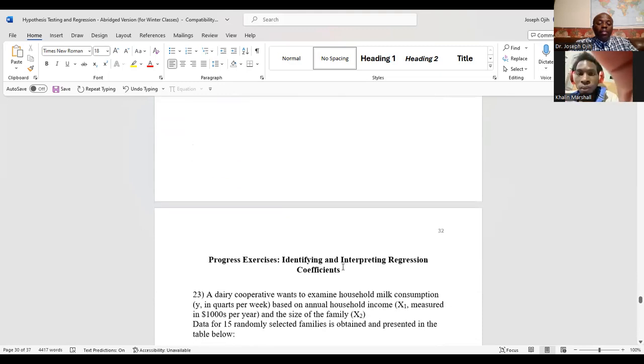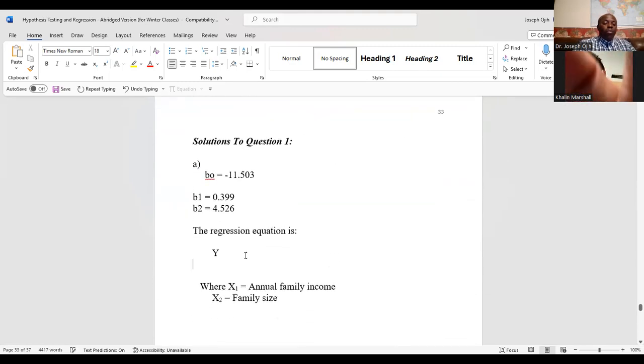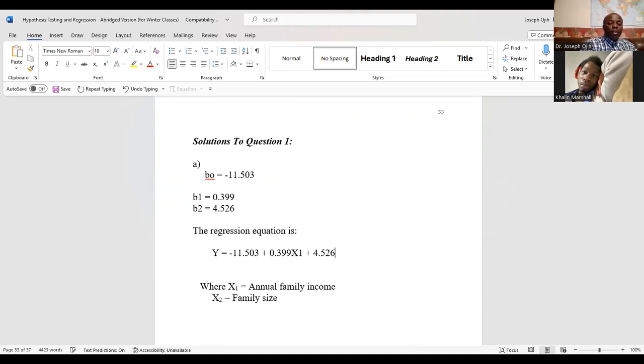So with that in mind, we have our regression equation as y equals negative 11.503 plus 0.399 x1 plus 4.526 x2, where x1 and x2 represent the annual family income and family size respectively.